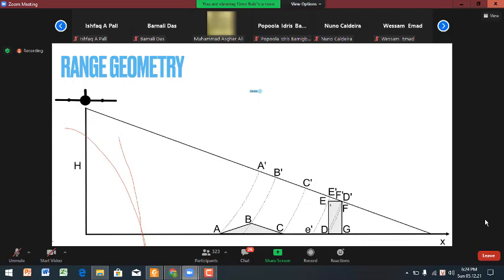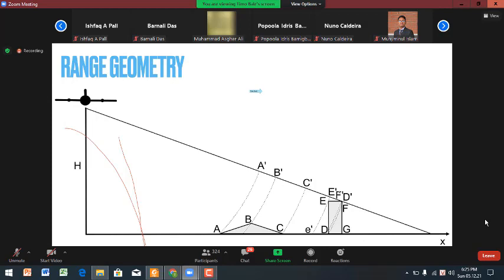Now E, the point on top of the building, is closer to the sensor, so E dash will be in the image before D dash. Even point F, which on the ground is behind D, is also imaged before D in the image.